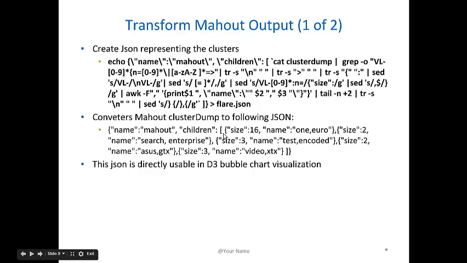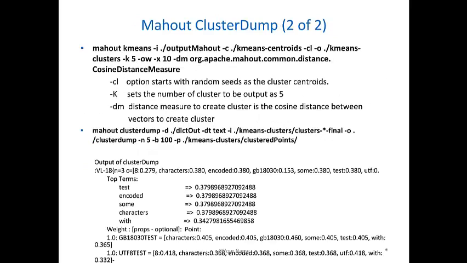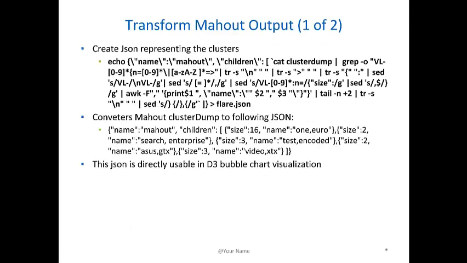The name of the cluster is derived from the two most prominent terms in that cluster. So if you see here, there are top terms listed. The way I chose the cluster name was I picked the first two terms as the cluster name. So 1 and euro is the name of the cluster, which is of size 16, and so on.